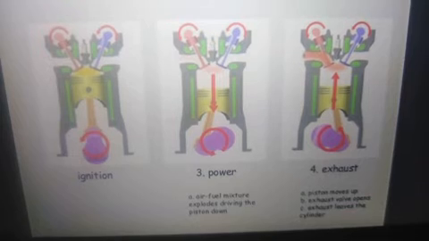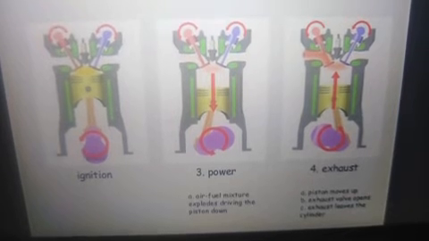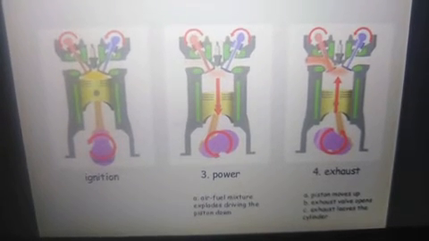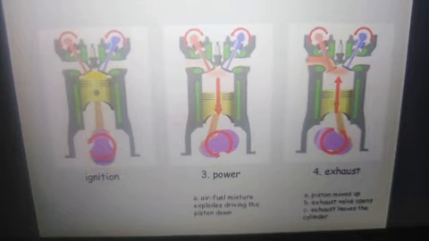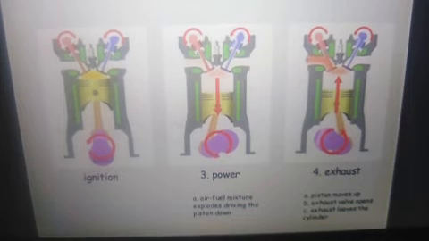At the end, when the piston reaches the top dead center, the air fuel mixture in that area gets compressed, the temperature is increased and the pressure is also increased, and the molecules in that air fuel mixture get separated and become easier for combustion.